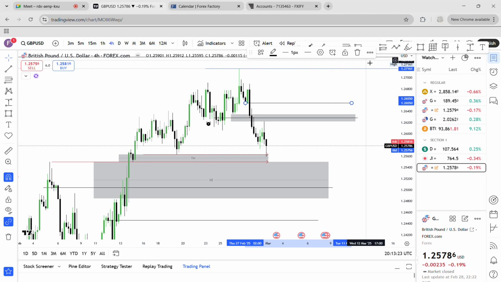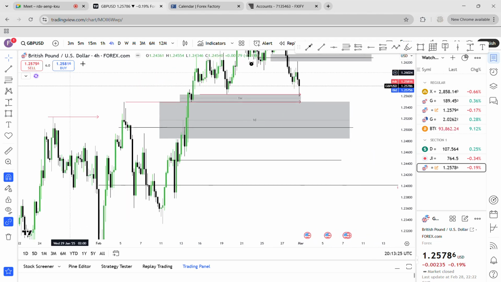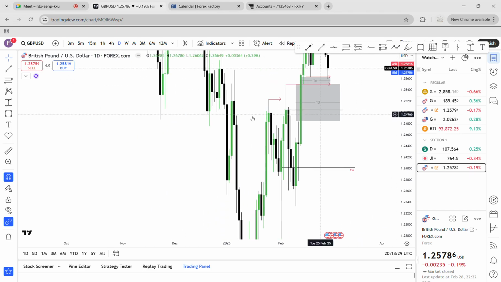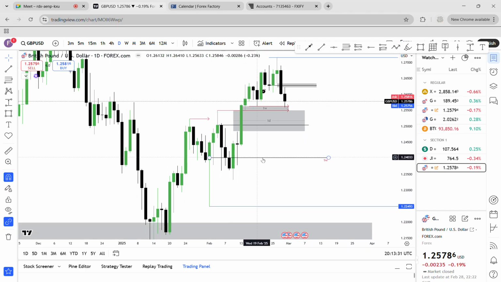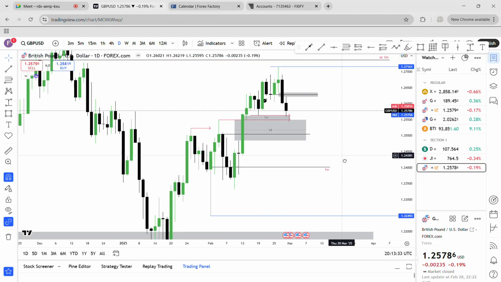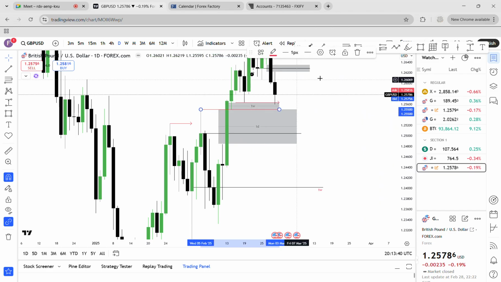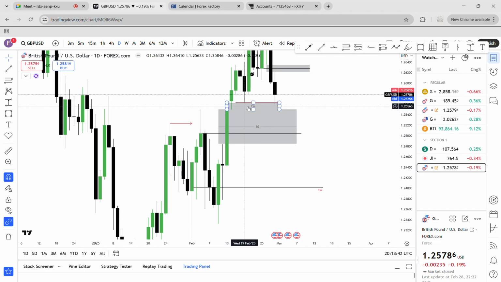I don't need to mark this one out yet. Not even this one yet, because I don't want to crowd this area. But the weekly is fine because I identified it from the weekly and the daily fair value gap as well. And you know we have already mitigated this weekly fair value gap right here.